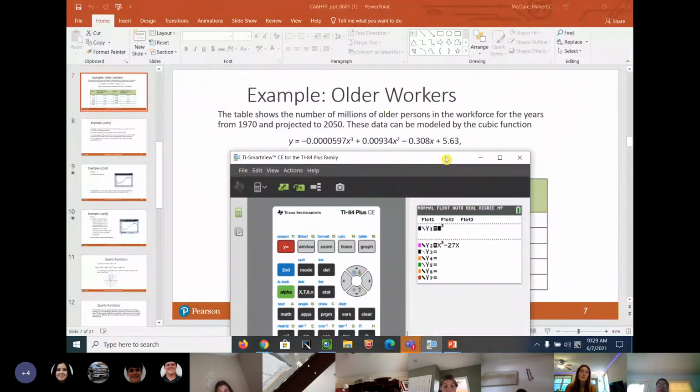So Y is equal to -0.0000597 X cubed plus 0.00934 X squared minus 0.308 X plus 5.63. And we're going to put that in the calculator.